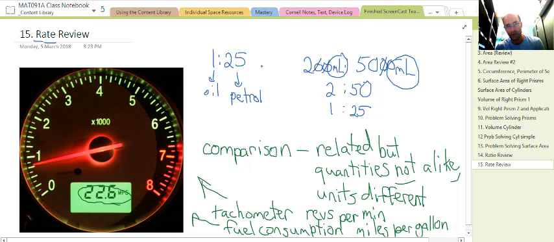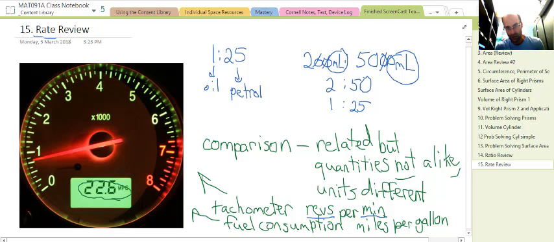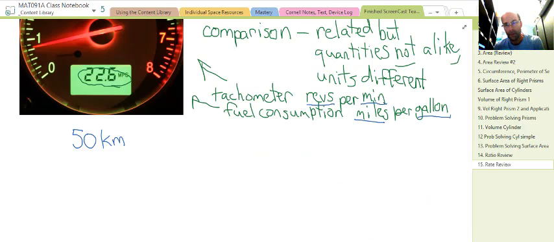They're both rates, because you can see that the quantities are related, but they're different. This one's revolutions, how many times the engine goes around in full circle per minute, which is a unit of time. The fuel consumption is miles, which is distance, per gallon, which is a capacity or a volume.